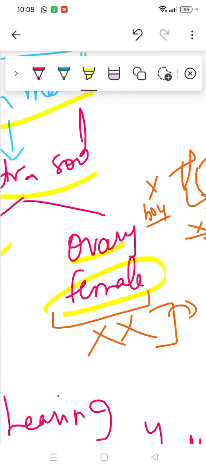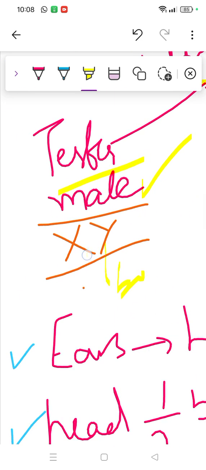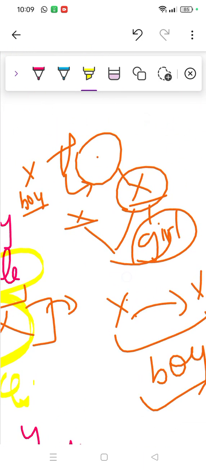When we talk about the female, they can only provide 2 X. X means girl, and Y means boy. When the sperm goes into the female body, the sperm releases either X or Y. If X, this means a girl.